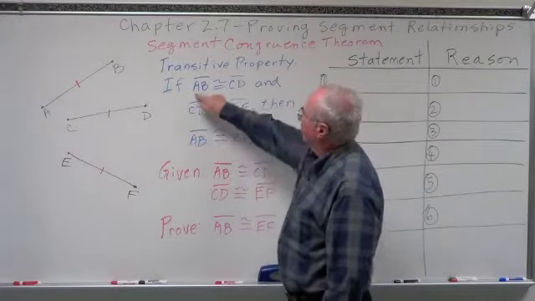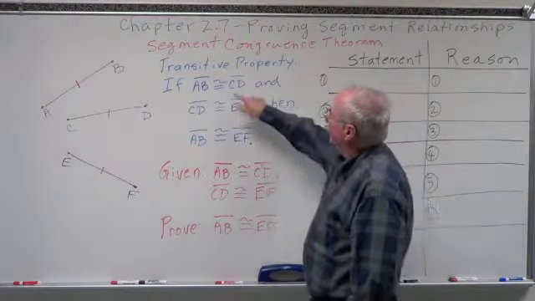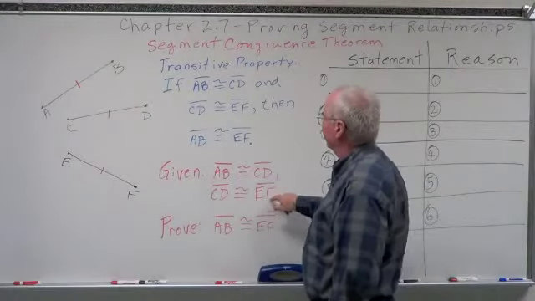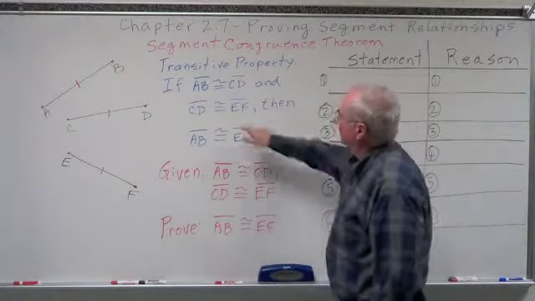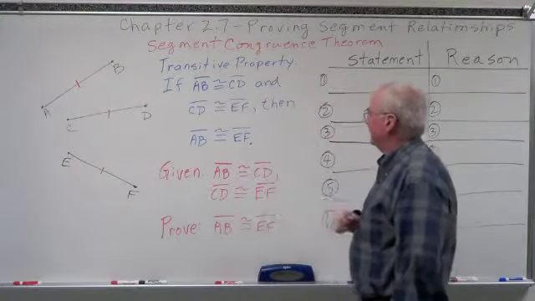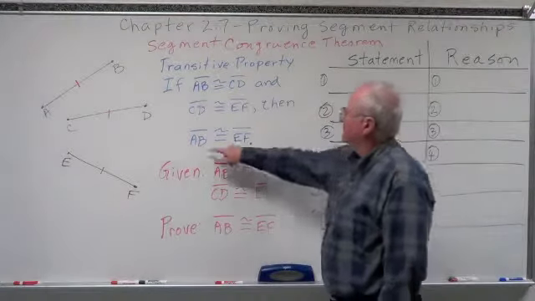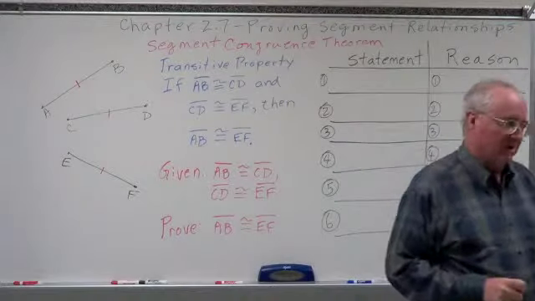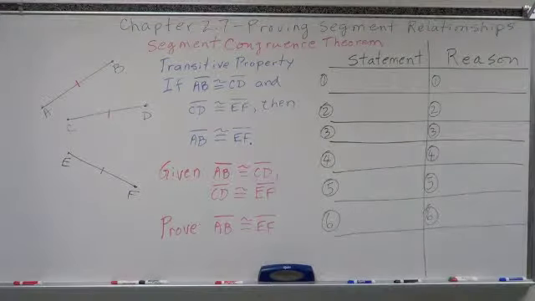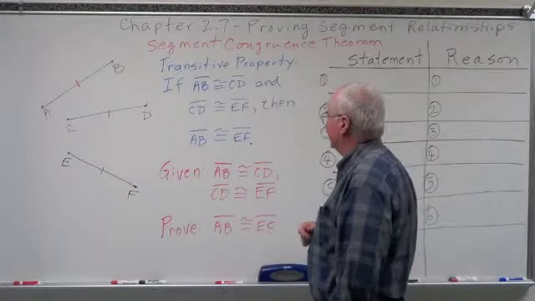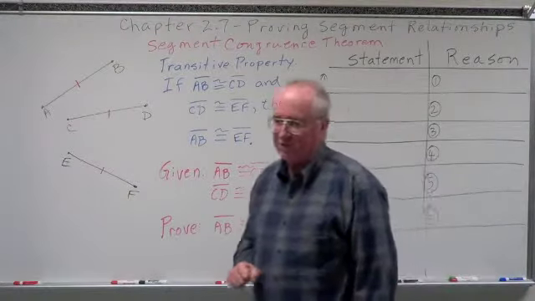If segment AB is congruent to segment CD, that's one of our givens. What's the next given? If segment CD is congruent to segment EF, that's our next given. Now, what are we trying to prove? What's after the then? The conclusion. The conclusion is what you're trying to prove: segment AB is congruent to segment EF. That's what we're trying to prove.